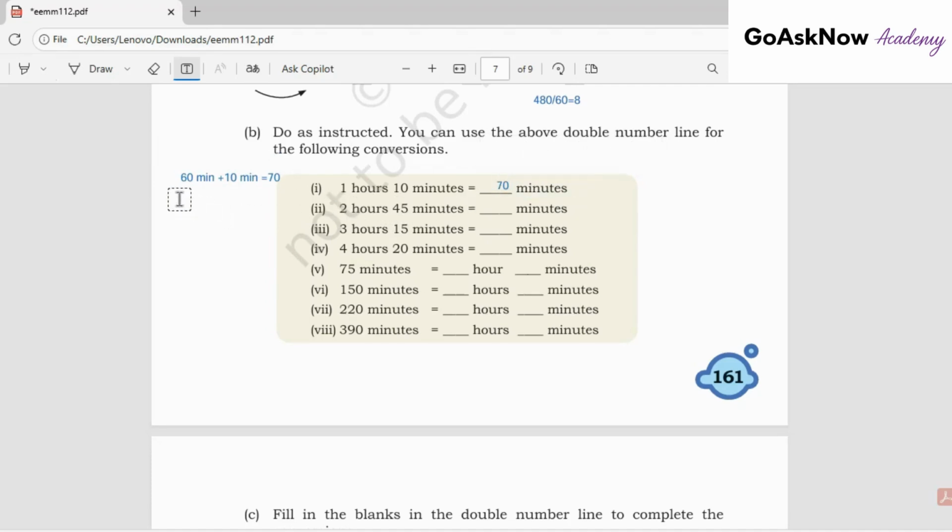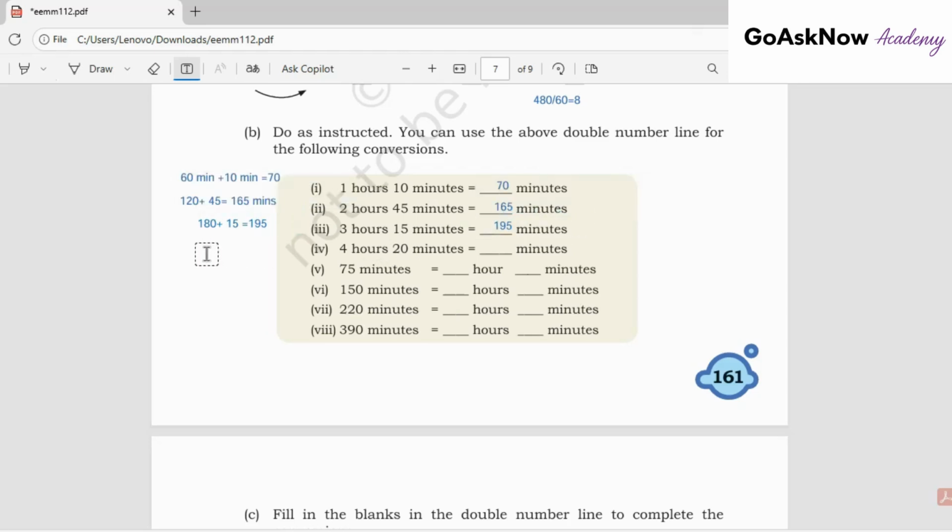Next, 2 hours is equal to 120 plus 45, which is equal to 165 minutes. Now 3 hours is equal to 3 into 60, which is equal to 180 minutes plus 15 minutes equal to 195 minutes. This is the answer, 195 minutes.